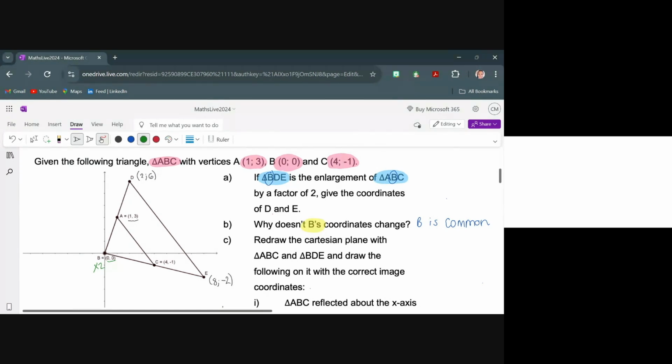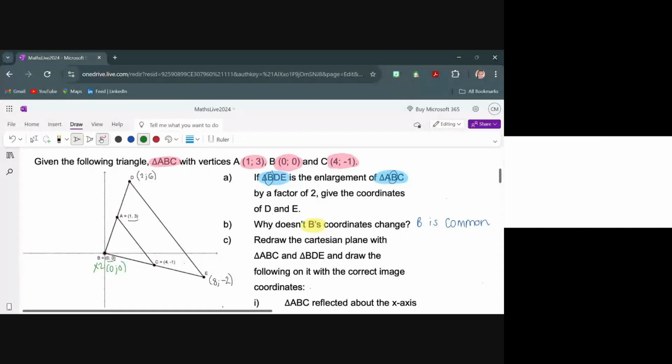We're going to get (0, 0). It won't make a difference. 0 times 2 is just 0, and 0 times 2 is just 0. So my point, because it's common, will not change. Okay, thumbs up, grade 9. Does that make sense? Are we all good? Amazing, good. It'll all be the same.